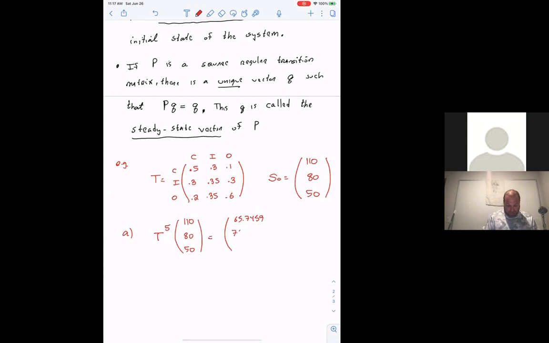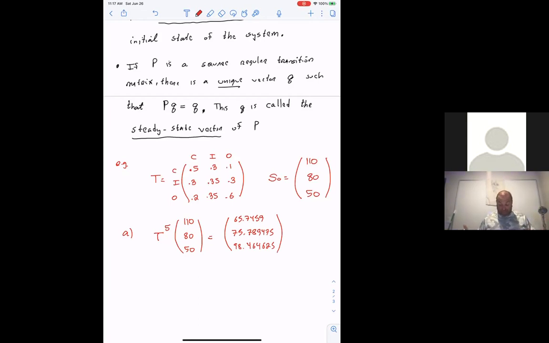And this gives me 65.7459, 75.789475, 98.464625. So this is the number of bikes in each section after 5 transitions, after 5 days. Of course, this is only a mathematical model.